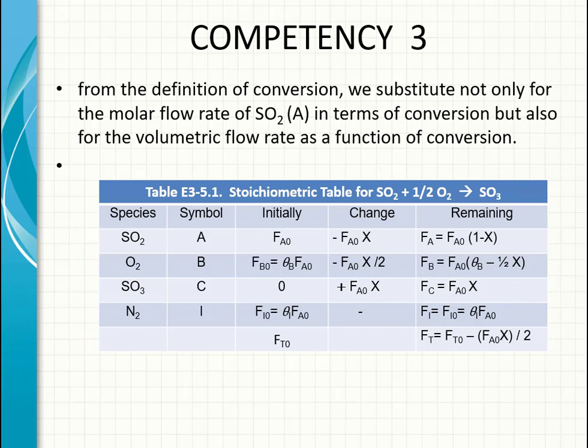So the remaining FB is going to be FA0 times theta B minus 1/2 of X. And so we have similar expressions for FC, FI, and F total.